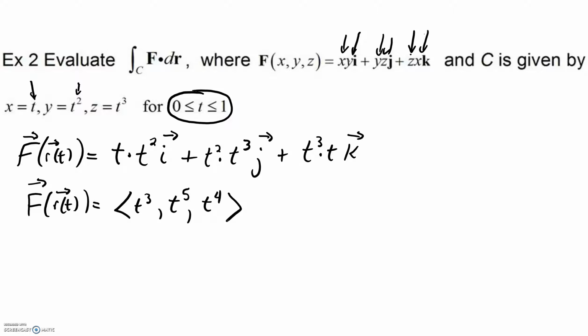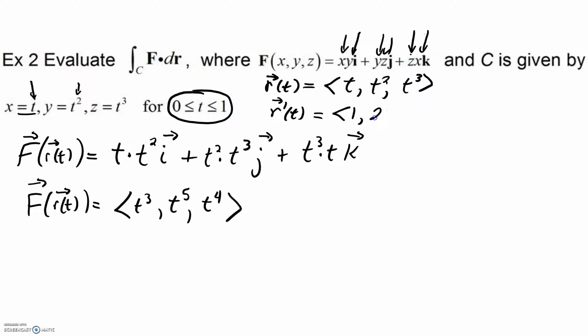Now, of course, what you're also going to see is that your r of t, even though it wasn't written in this parametric form, has x as t, y as t squared, and z as t to the third. r prime, if we just took our derivative here, we'd get 1, 2t, and 3t squared.